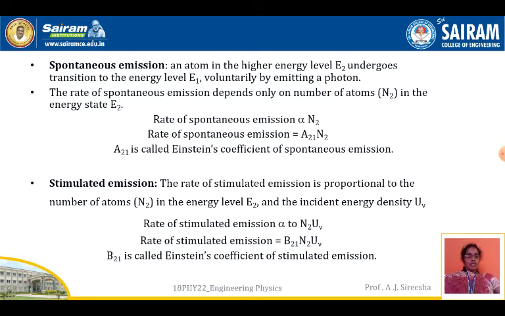Removing the constant of proportionality, we take it as B21 N2 U nu. B21 is called Einstein's coefficient of stimulated emission, where the transitions happen from energy state 2 to 1 with the help of the external incident energy density U nu.